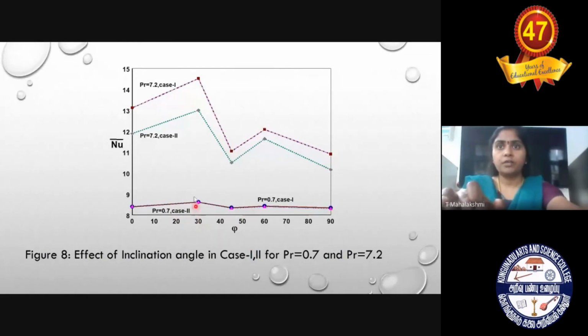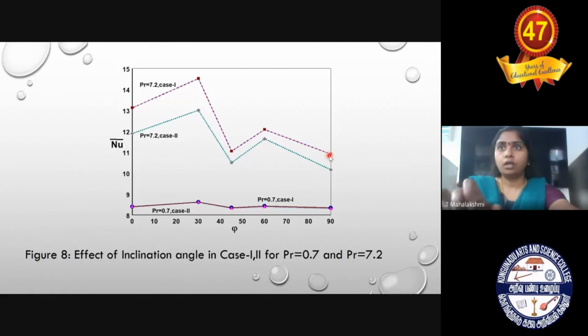While we consider the inclination angle phi is 30, we are getting the heat transfer rate 14.5 something here. When we consider the inclination angle at 45, the heat transfer rate is decreased, and while we tilt the enclosure at the angle phi is 60, the highest heat transfer rate is obtained compared to the angle phi is 30.